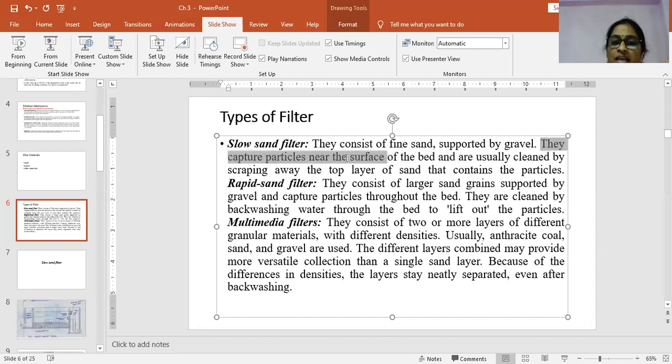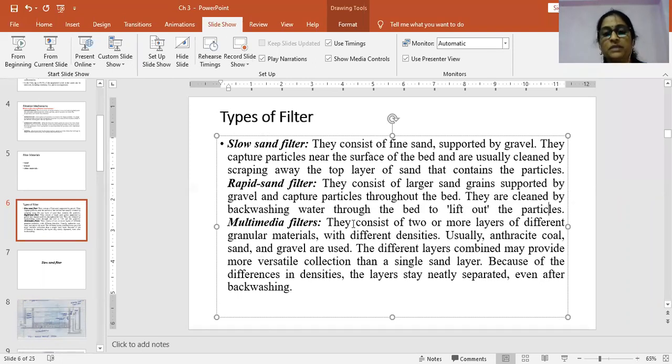The slow sand filter captures particles near the surface, that is its property. Here, the larger grains capture particles throughout the bed. That is the first difference. Second, the slow filter is cleaned by scraping away the top layer of sand, and here it is cleaned by backwashing through the bed to lift out the particles. You will understand the difference better when you study these two types of filter in detail.